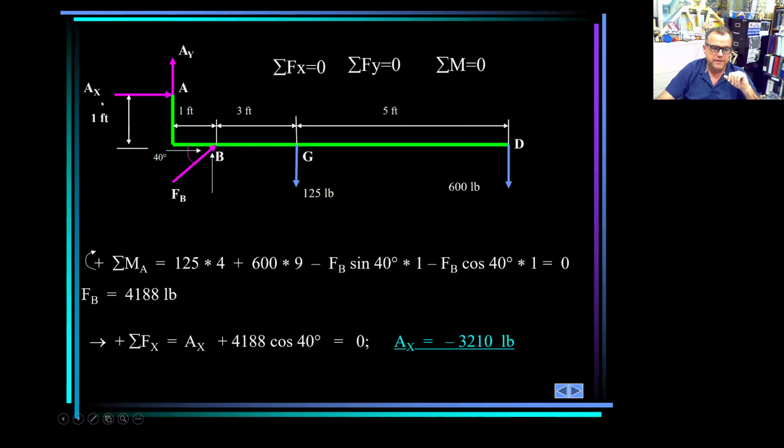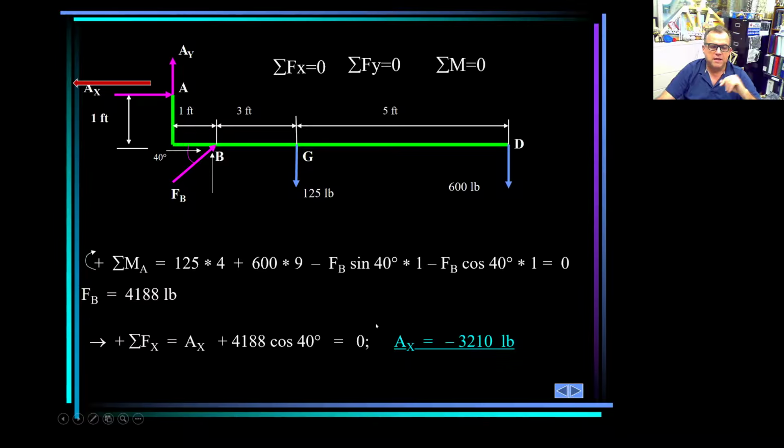What I'm saying is I assume the reaction going to the right. Because of that, the value for the reaction is going to go opposite to whatever I assumed. There. So the actual direction is to the left, but not because it's negative. It's to the left because I assumed it going to the right and it was negative.